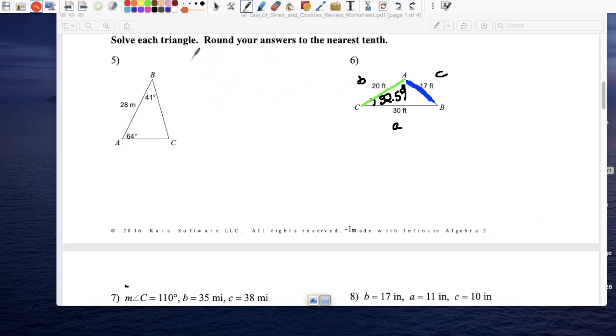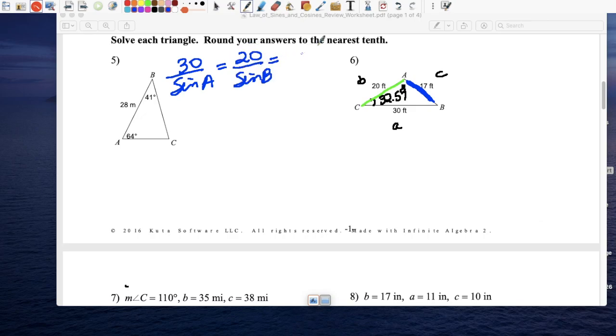So let's set up the law of sines. Little a over sine of A. Little a is actually 30. Little b, which is 20, over sine of B, which I don't know.